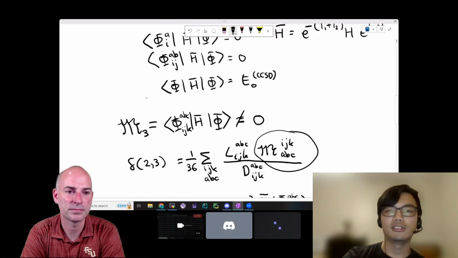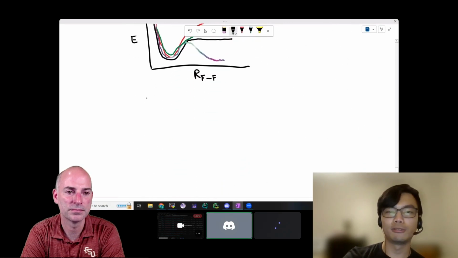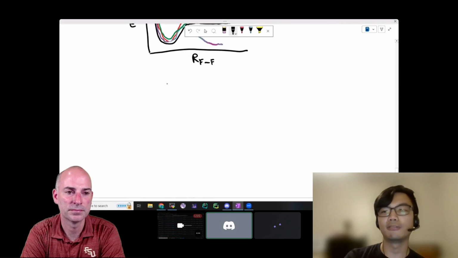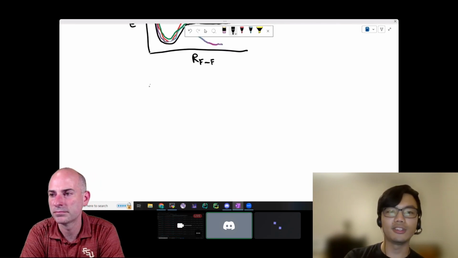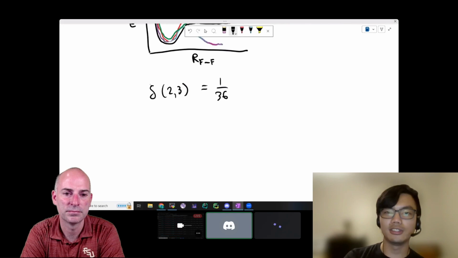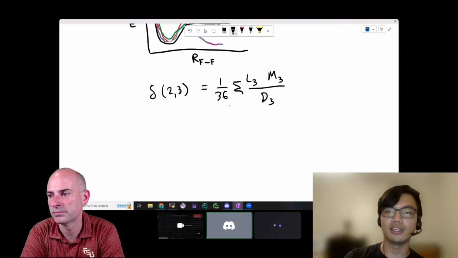Right. So when you mentioned fourth order, that is referring to MBPT, or many-body perturbation theory. Let me rewrite this delta 2,3. Again, it's 1/36 L3 M3 over D3, summed over all the contributions.